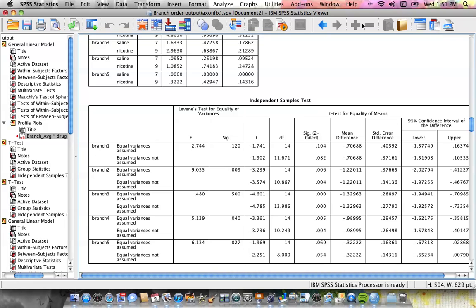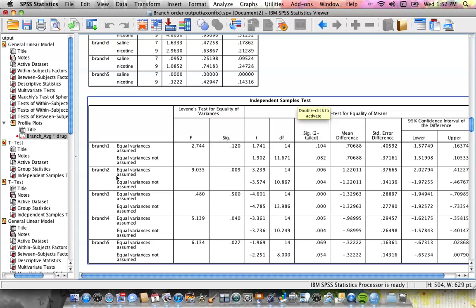If the test of equality of variances is significant, then we want to correct for it by looking at the equal variances not assumed row, and we would go across there. So going through each of these for branch order 1, the equality of variances is not significant, so we're assuming equal variances. However, there was not a significant increase in branching in branch order 1.